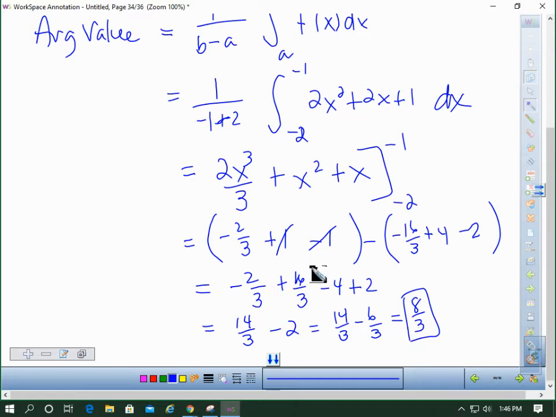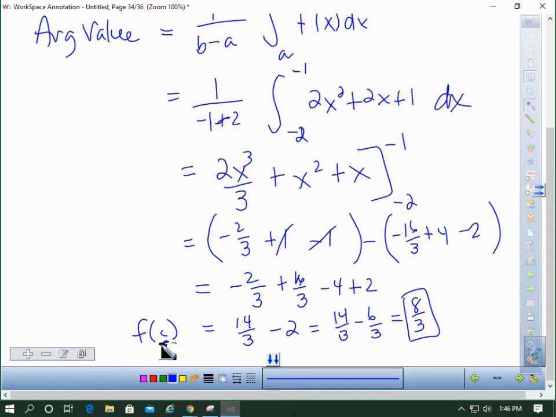Now, if the problem says to find the c value, that gives you the average value. This is the average value. So that means there's some f of c that gives me 8/3.